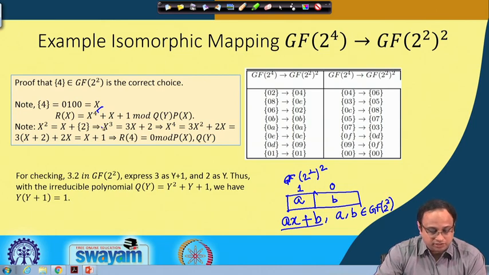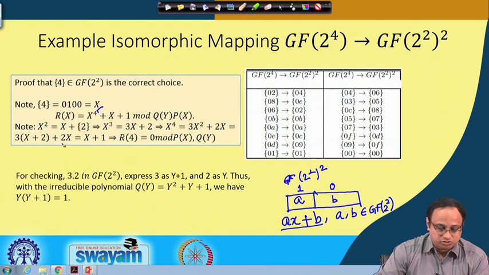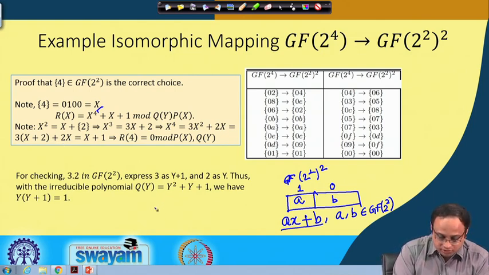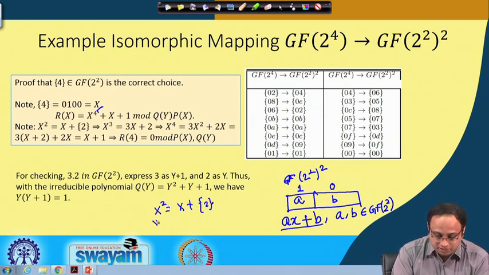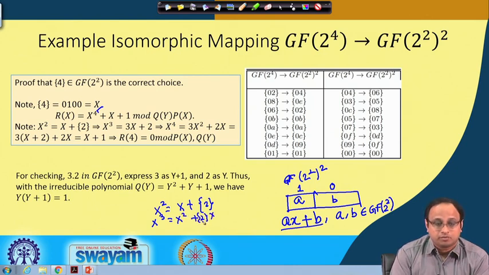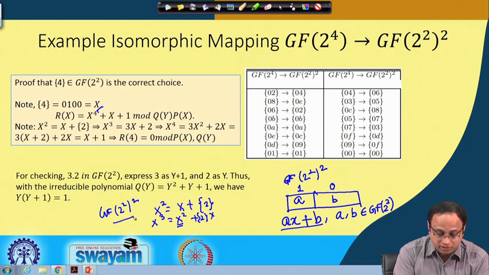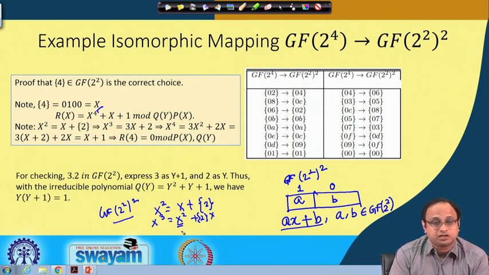Note that if I multiply x squared, which is equal to x plus 2, by x, I get x squared plus 2x. But in this representation, because I am talking about GF(2^2)^2, x squared is nothing but x plus 2.